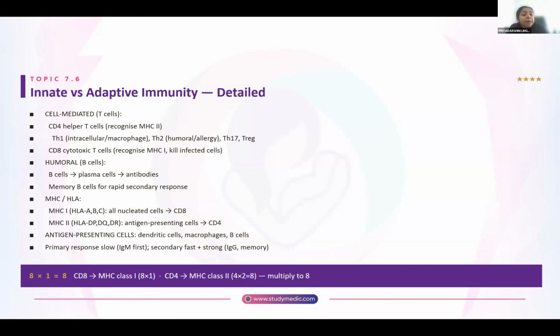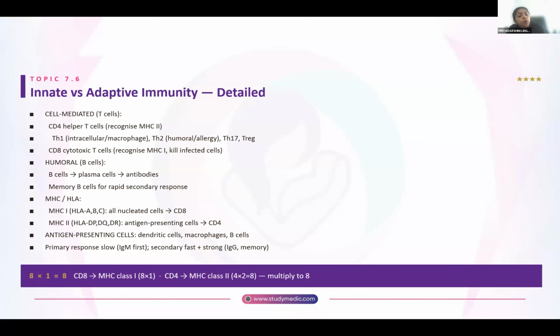Now, what are the memory B cells useful for? Your B cell is basically for your humoral immunity. Your B cell produces your plasma cells, and your plasma cells are the ones that produce your antibody response from the body. And again, we were seeing the differences between your major histocompatibility complex 1 and 2.